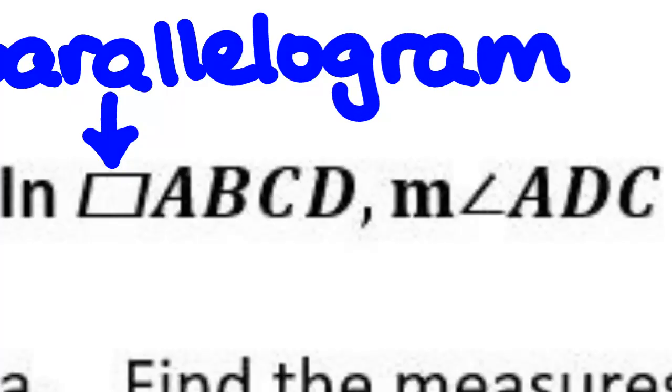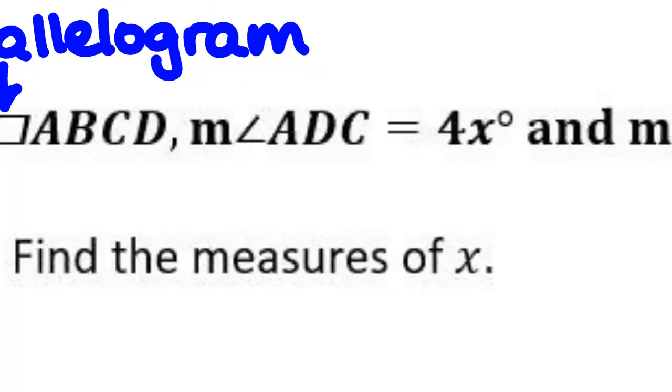It says in parallelogram ABCD, the measure of angle ADC is 4x degrees, and the measurement of angle DAB is 2x minus 6 degrees. All right, so let's find angle ADC first.